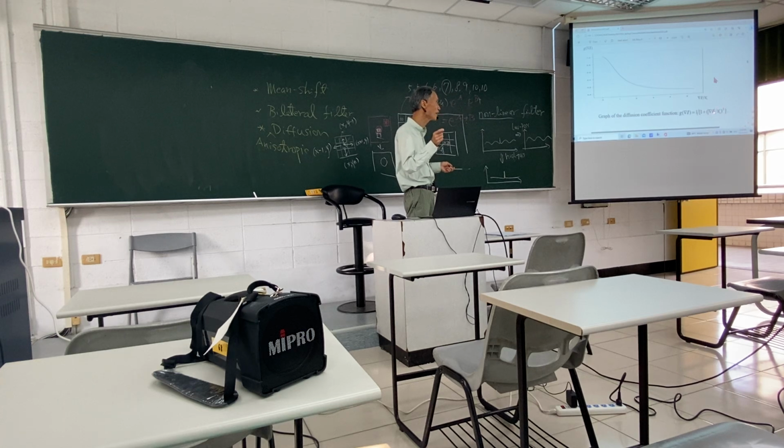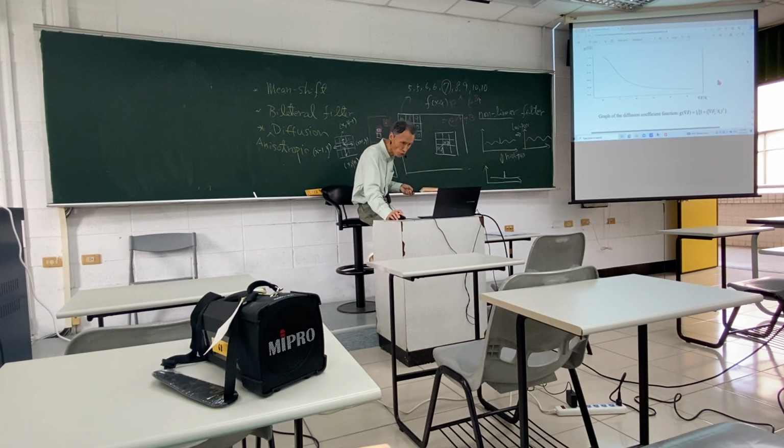If you want to make a larger change with a very small delta I, you might use a very large k, or vice versa. It needs some experiments. There's no easy way to determine the value of k.